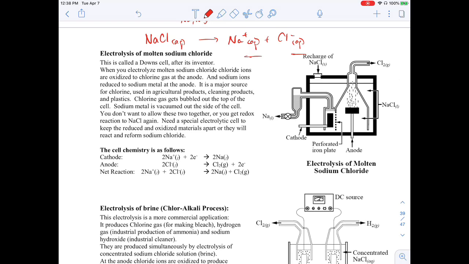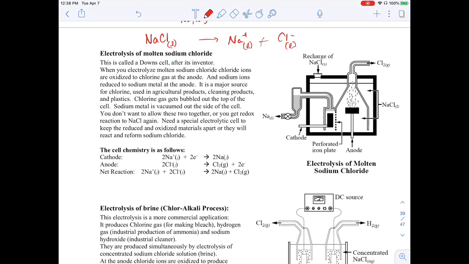I can get rid of the water though, and we've never really looked at this before, but essentially, if I take an ionic compound and liquefy it, it becomes liquid ions.